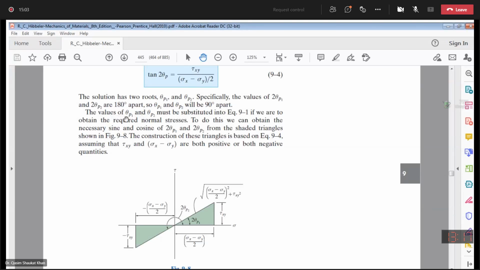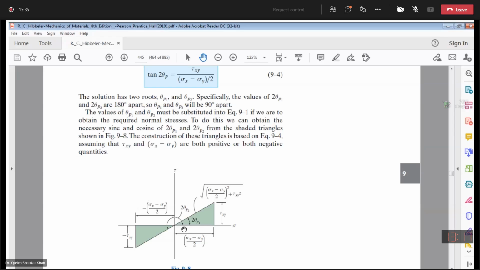So the values of theta p1 and theta p2 must be substituted into equation 1, and we can get the required normal stresses. These values of theta p1 and theta p2 give us the maximum normal stress and minimum normal stress, which are the major principal stress and minor principal stress. Further to do this, we are now going towards the derivation.